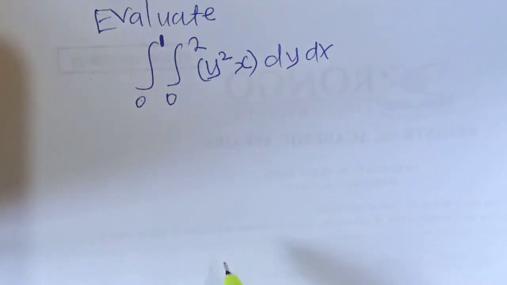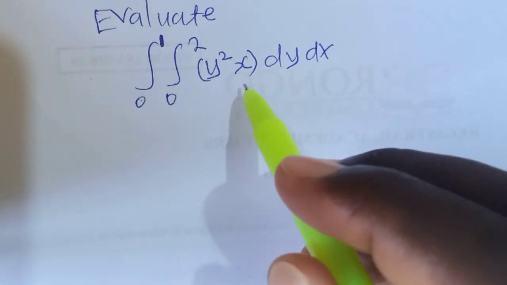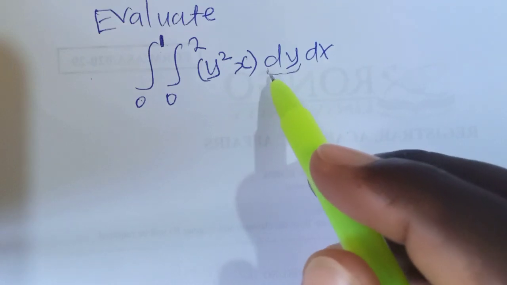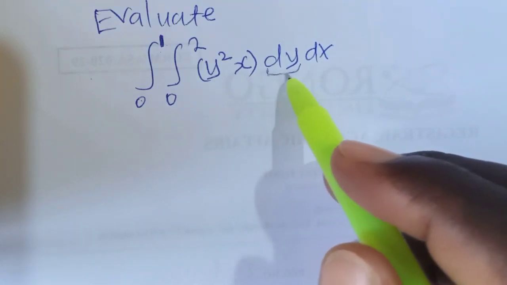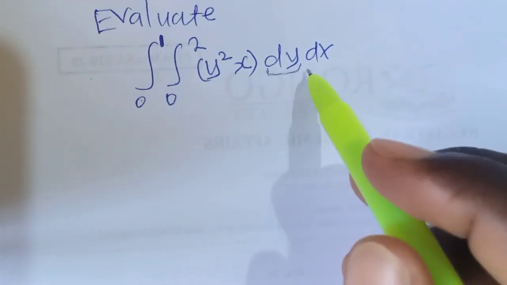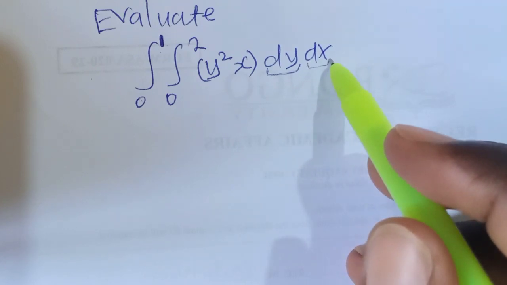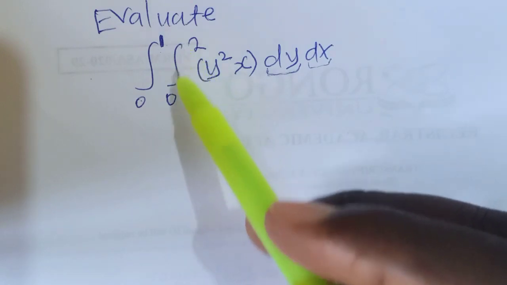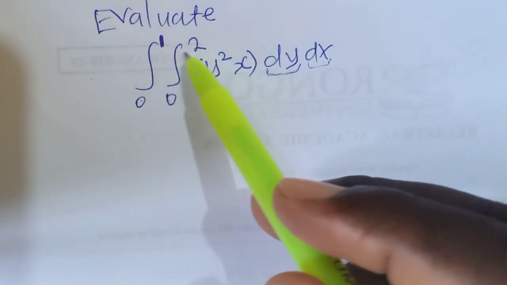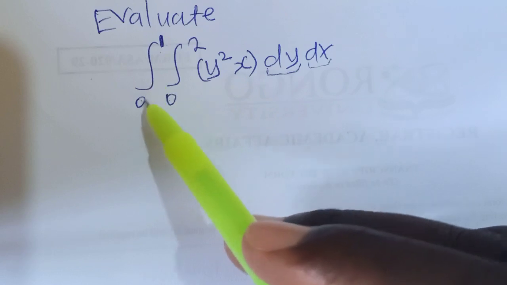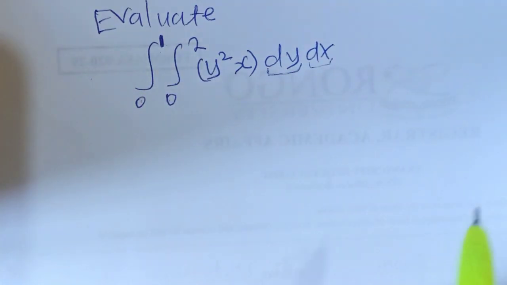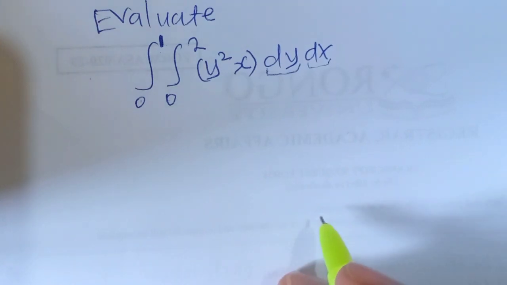In multiple integrals, we first integrate with respect to y, then with respect to x. So we will first integrate from 0 to 2, then from 0 to 1.